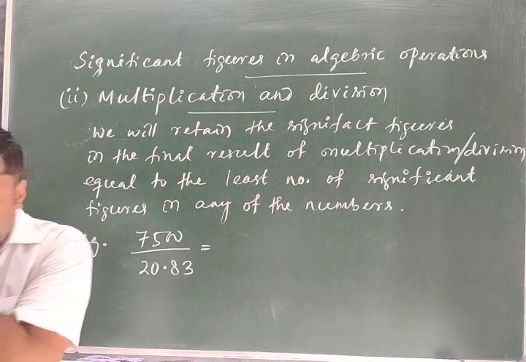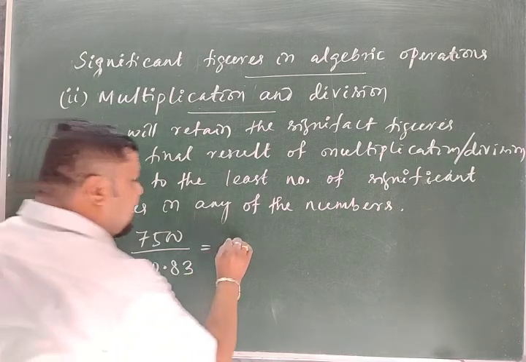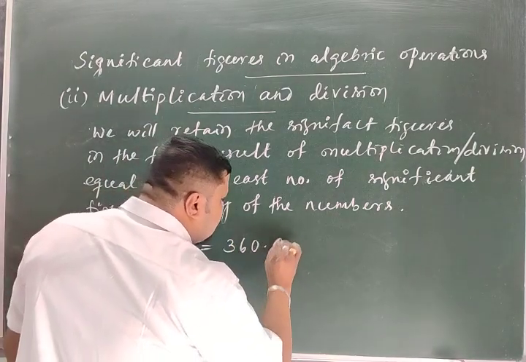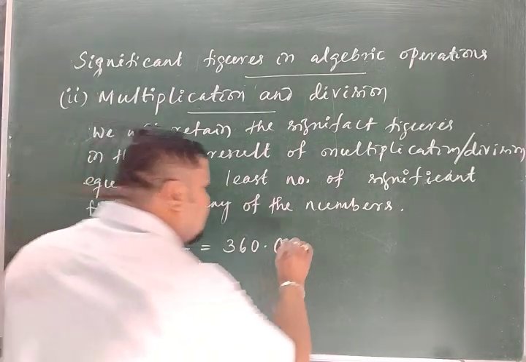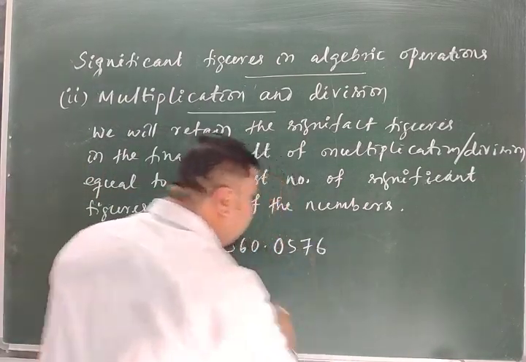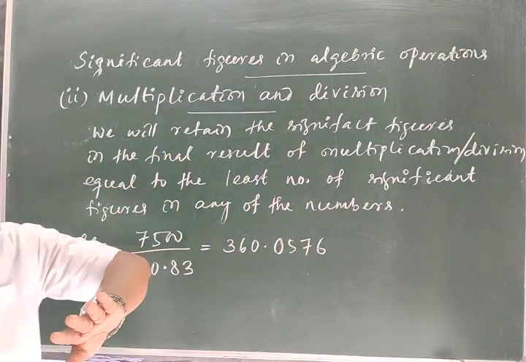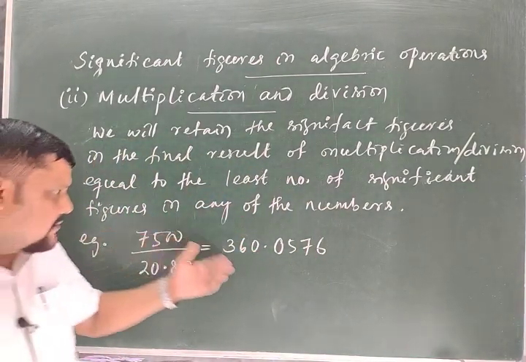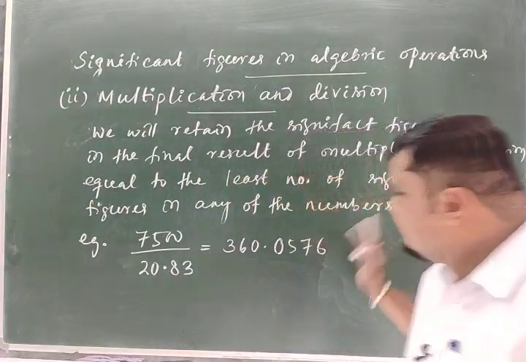You use your calculator and you will get the result as 360.0576. I got this result by using my calculator, and you can do this operation using your calculator.